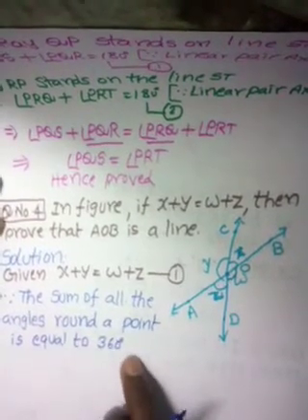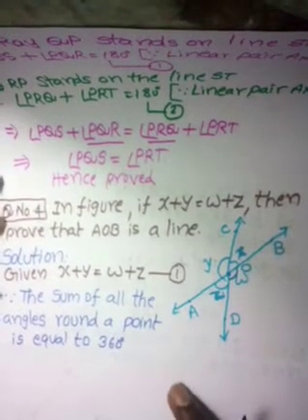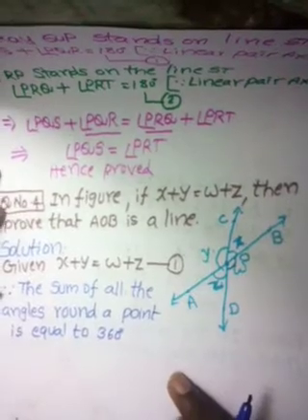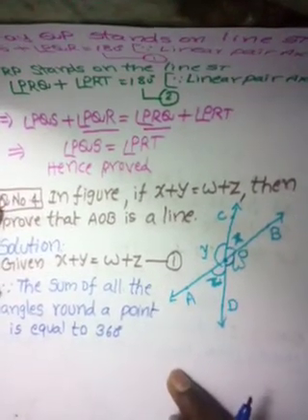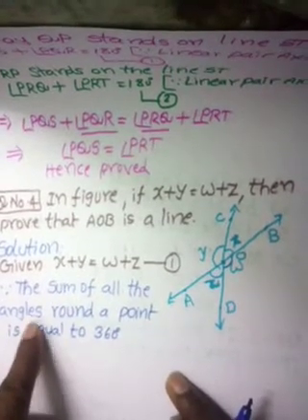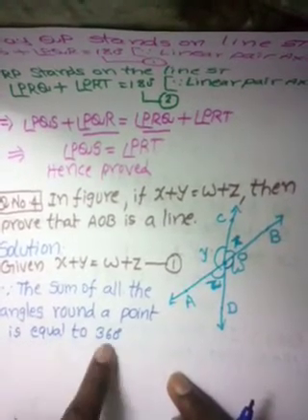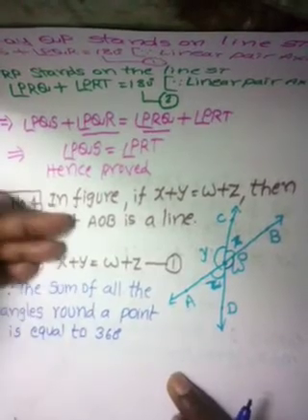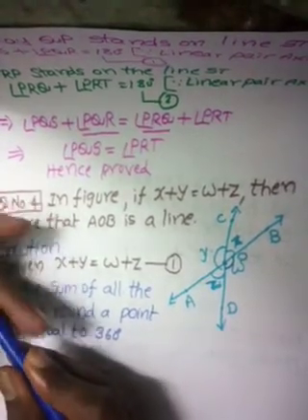This is a property in geometry, and we are using this property. Do you remember this geometrical property, my dear children? The sum of all the angles round a point is equal to 360 degrees. Understood this point?